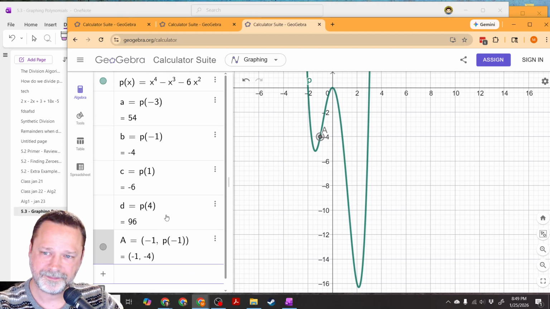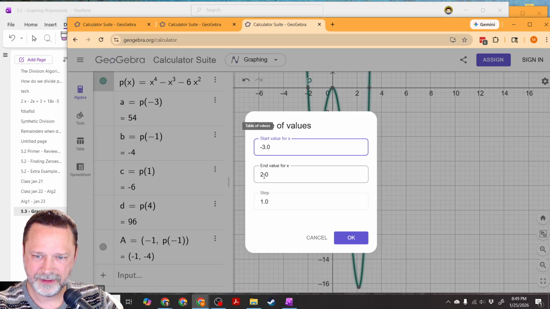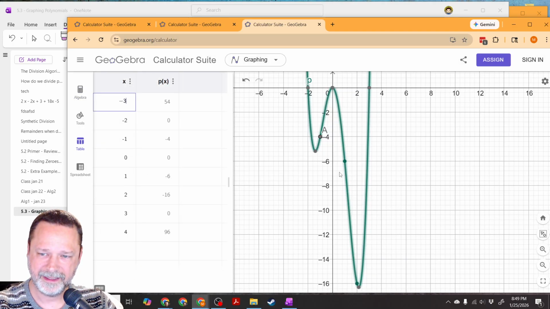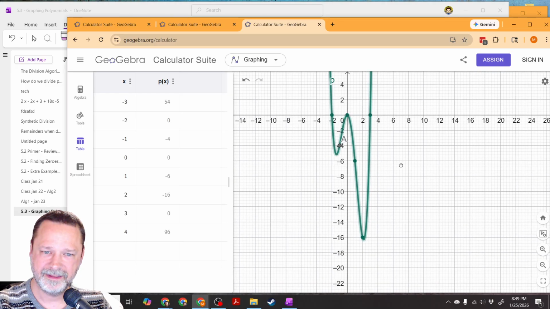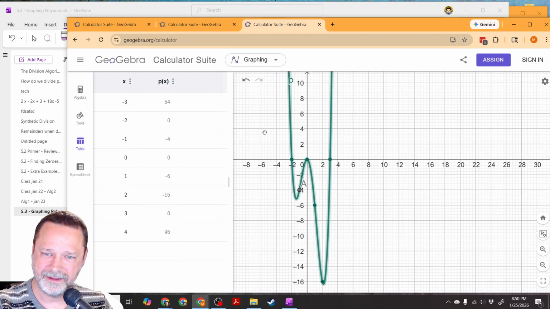And a really neat thing too here is you can always go table of values. And let's say I want to go negative 3 to 4, going by ones. And we got these points. So negative 3 was at 54.